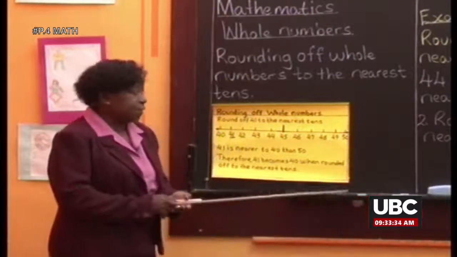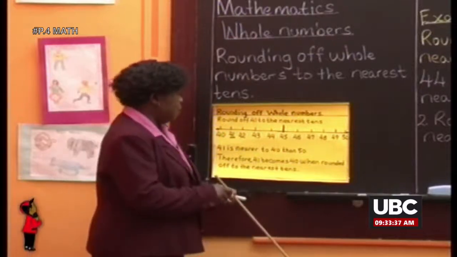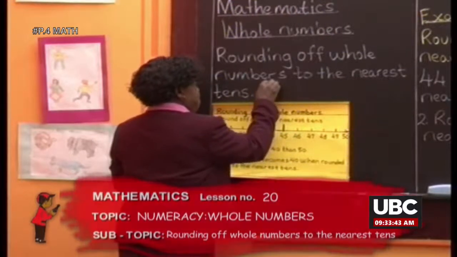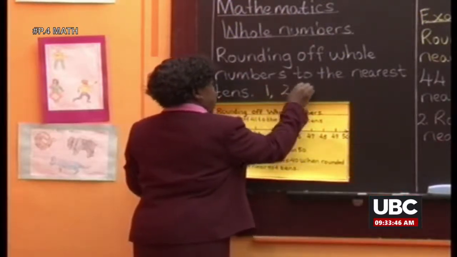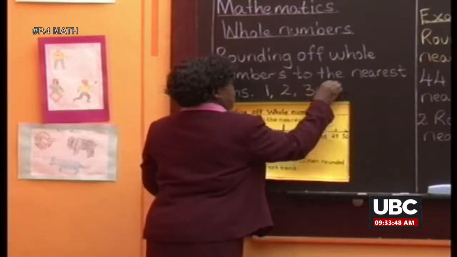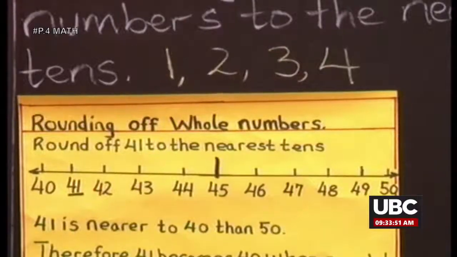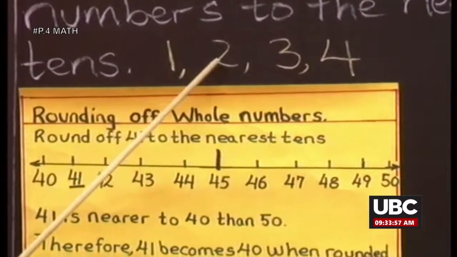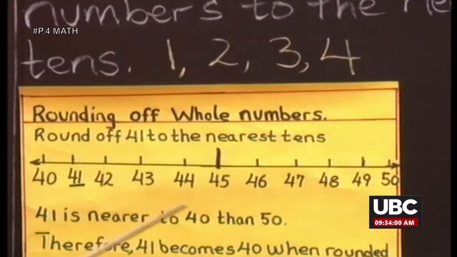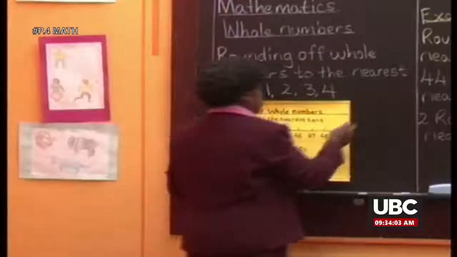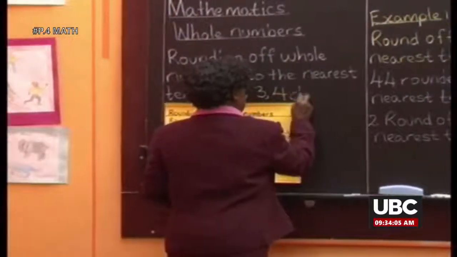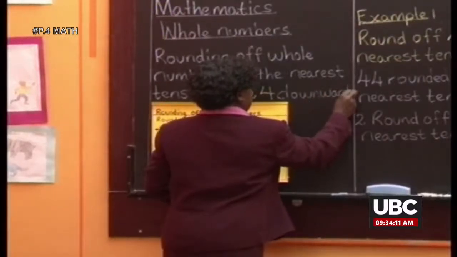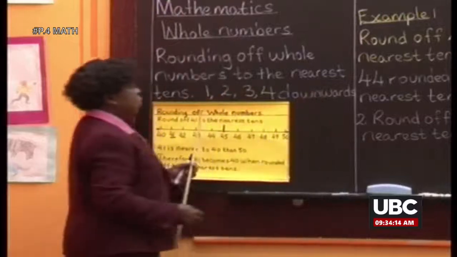And I said that numbers ending with any of these digits, 1, 2, 3, and 4, you round off downwards.